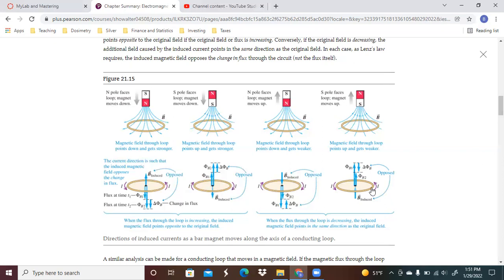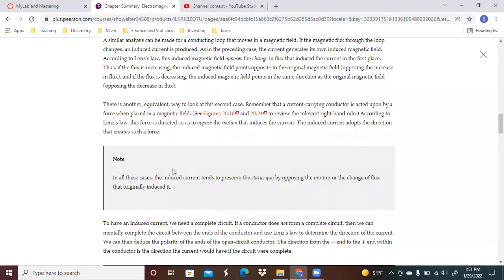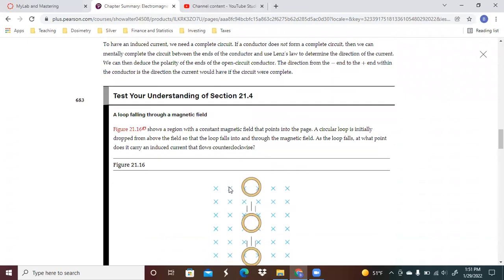So again, take your thumb pointed upwards, because that's the field direction that needs to happen. In order to resist the change, your fingers curl around like this, and that is the current that is produced. So in all of these cases, the induced current tends to preserve the status quo by opposing the motion or the change of flux that originally induced it.